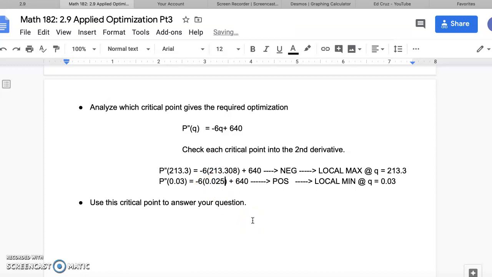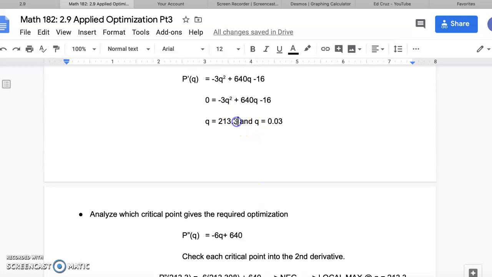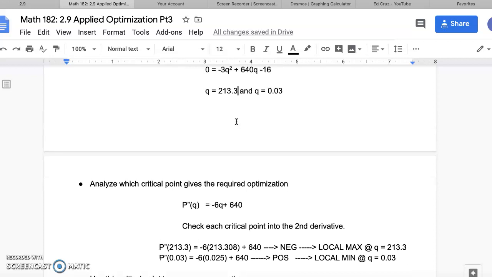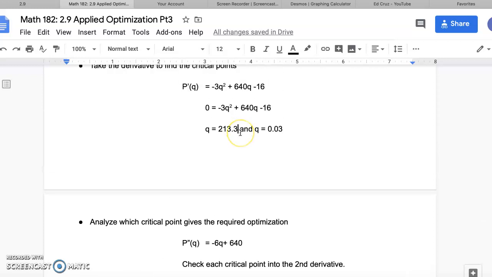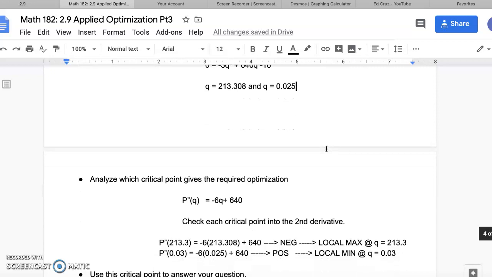So I wrote these down on a piece of paper. So I'm going to adjust these. This one was 213.308, and this is 0.25. So in general, if they tell you to keep 2 decimal places, make sure you have 3 decimal places as you go through your problem.